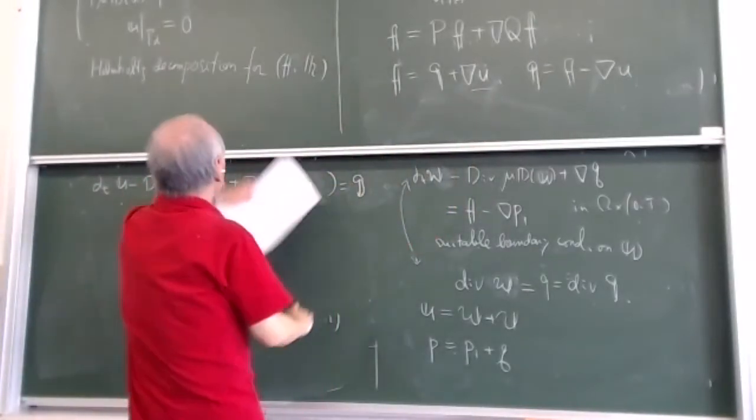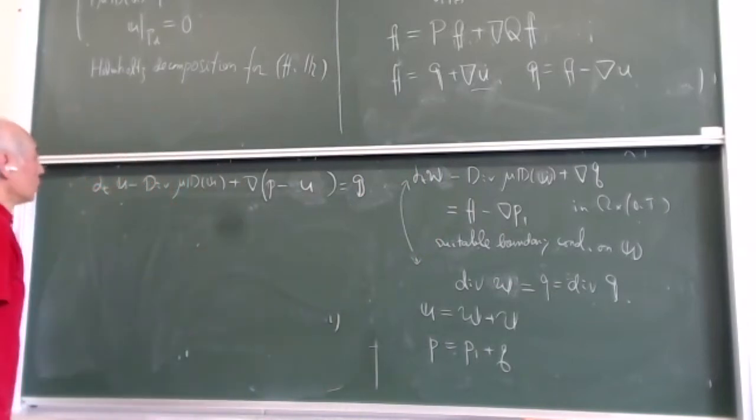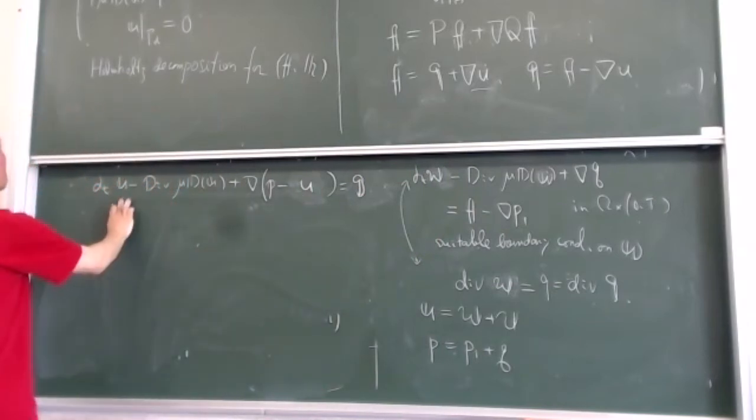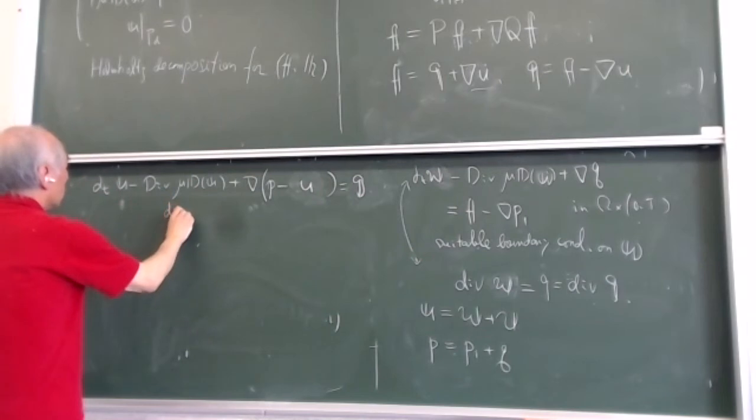Then you get to this one first. And then second, if U equals 0 is okay.